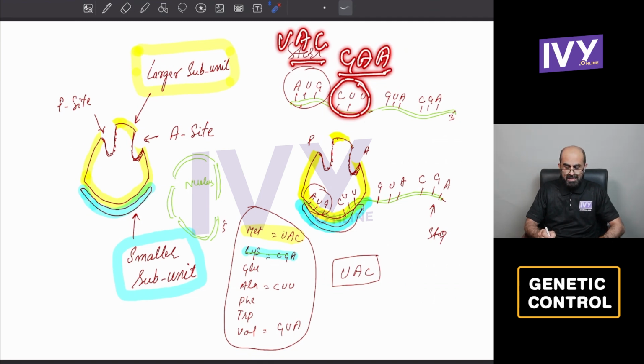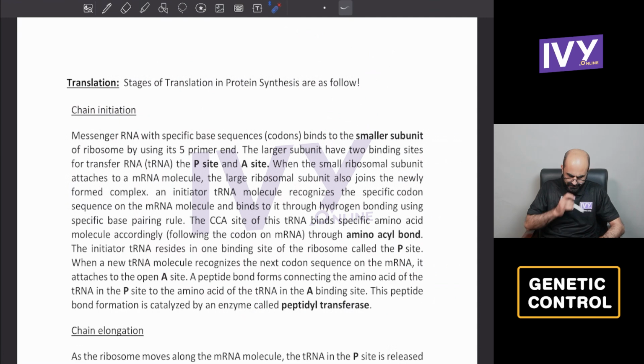Of course, these two anticodons will also attract their amino acids on their CCA side. The amino acids become activated and arrive on their CCA side to form the aminoacyl bond, and bind through hydrogen bonding using the specific base pairing rule. So the terminal anticodon will bind with the messenger RNA through hydrogen bonds using the specific base pairing rule.